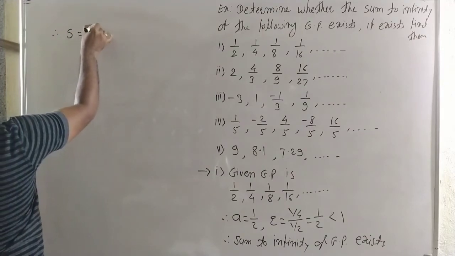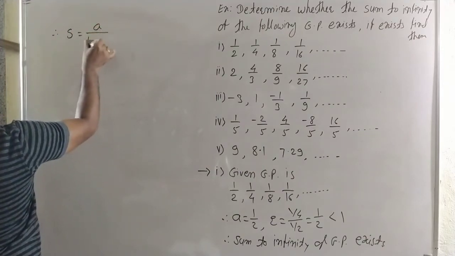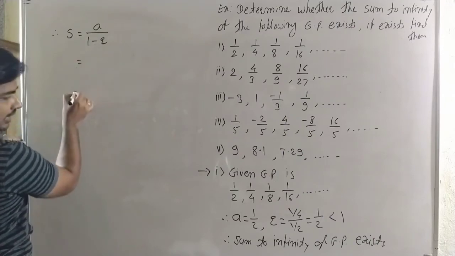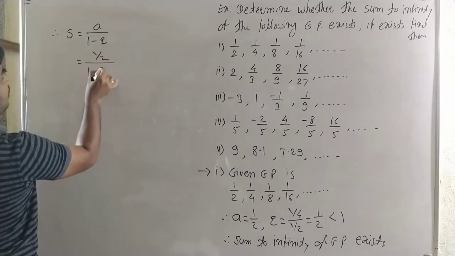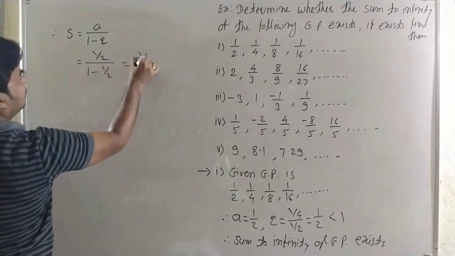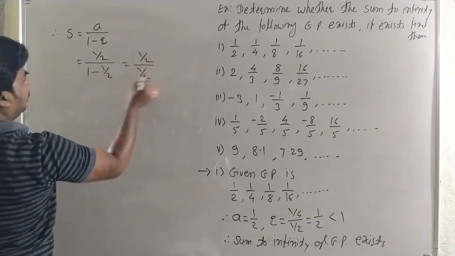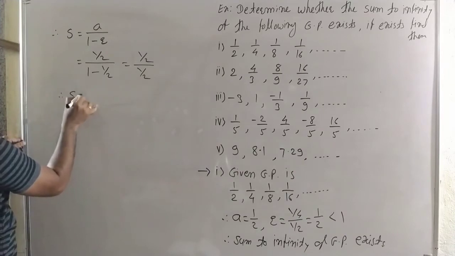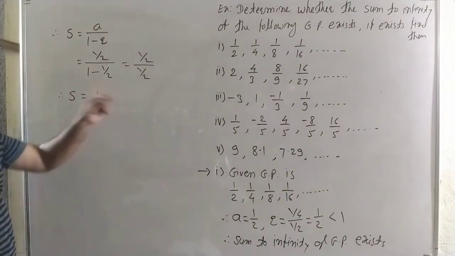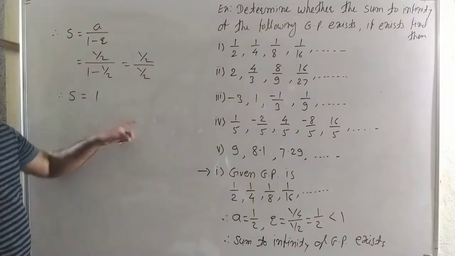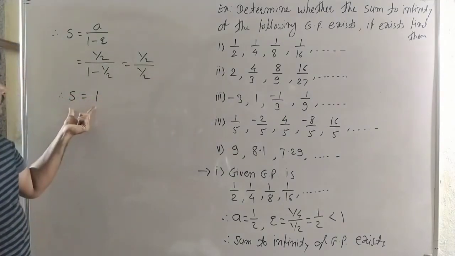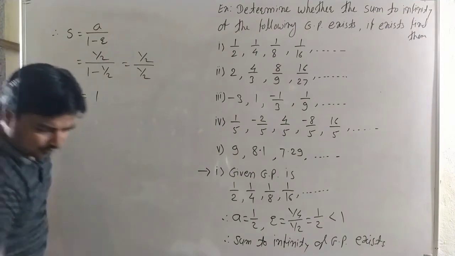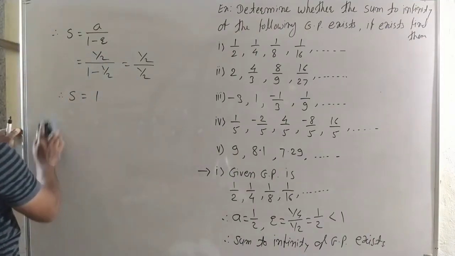S is equal to a upon 1 minus r, where a is 1 by 2, upon 1 minus 1 by 2, which is 1 by 2 upon 1 by 2, and therefore the sum is 1. See carefully this. It is the sum of this geometric progression, and the sum is 1. Now we see the next example.